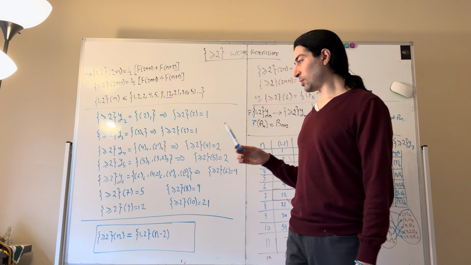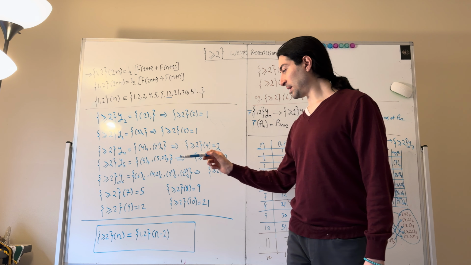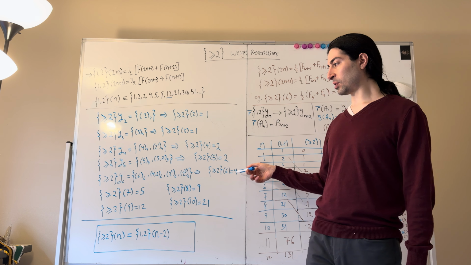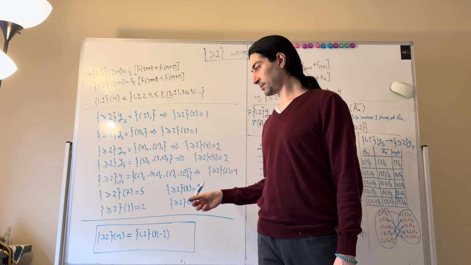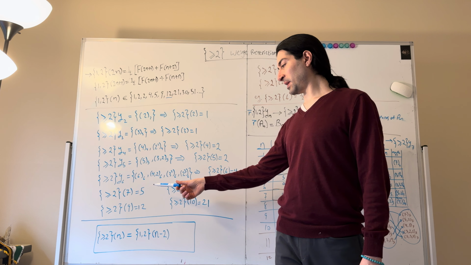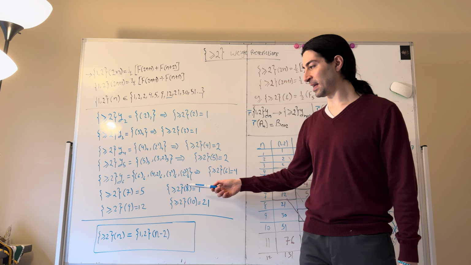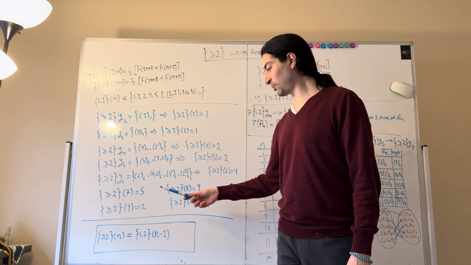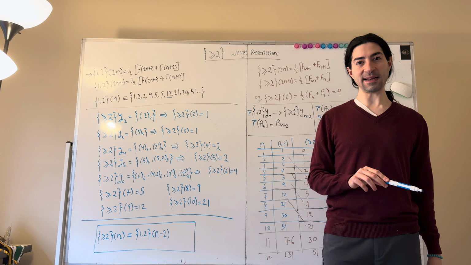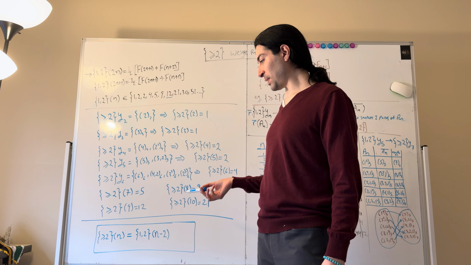Degree 5, we also have 2 structures. Degree 6 gives us 4 structures. Degree 7 gives us 5, degree 8 gives us 9, degree 9 gives us 12, and degree 10 gives us 21. So let's write those down.